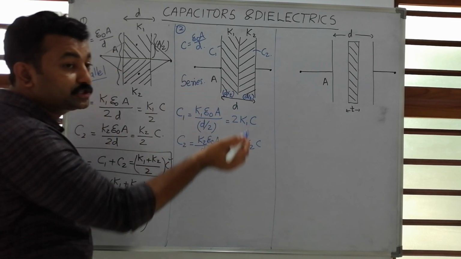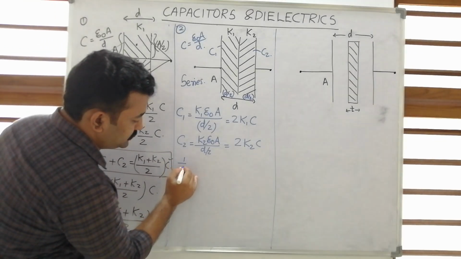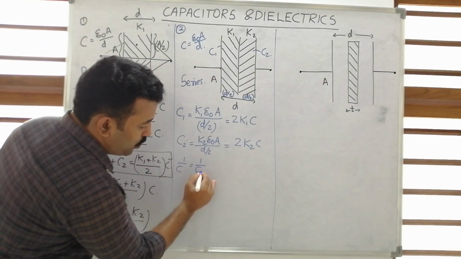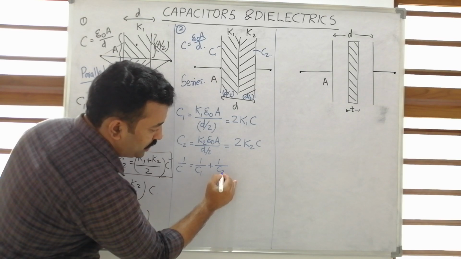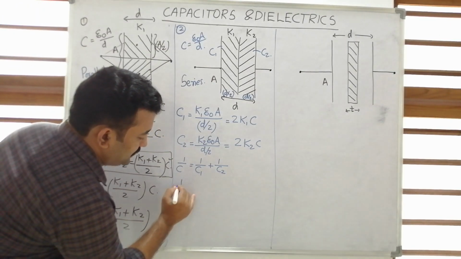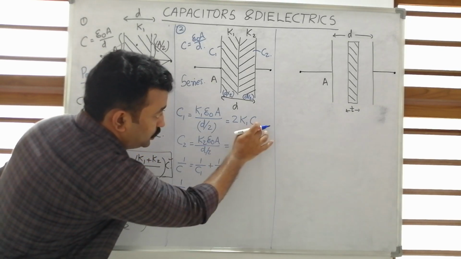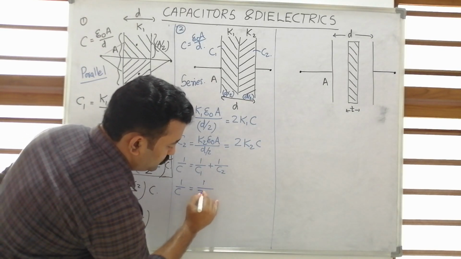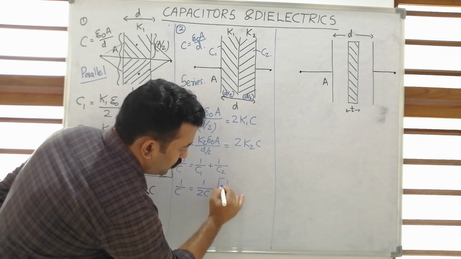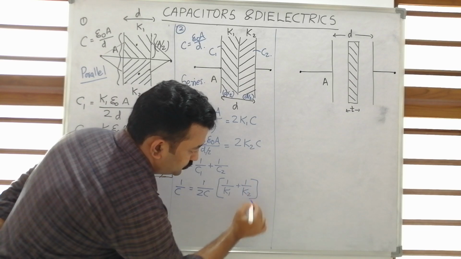For a series connection of two capacitances, what will be the effective value? The effective value is 1 by C equals 1 by C1 plus 1 by C2. So 1 by C is equal to 1 by C1, and there are two common factors, 1 by 2C is common, 1 by K1 plus 1 by K2.